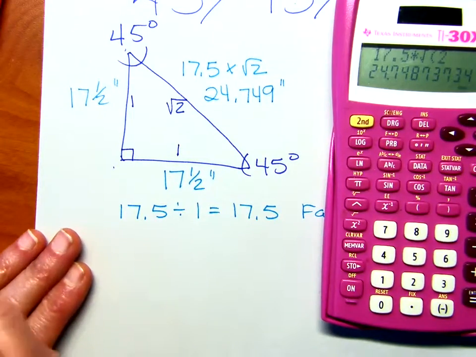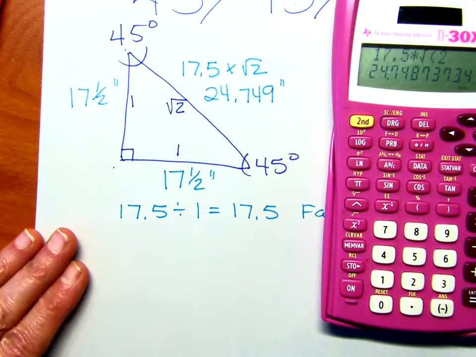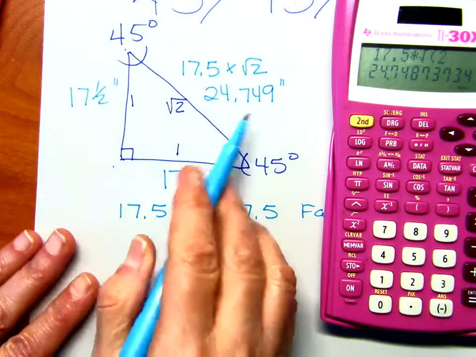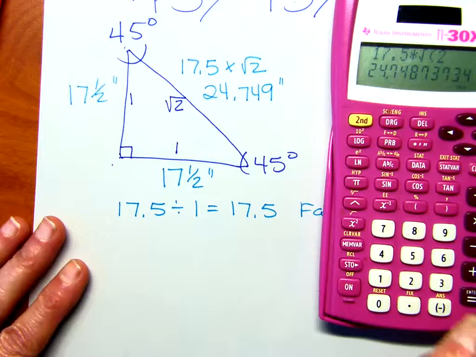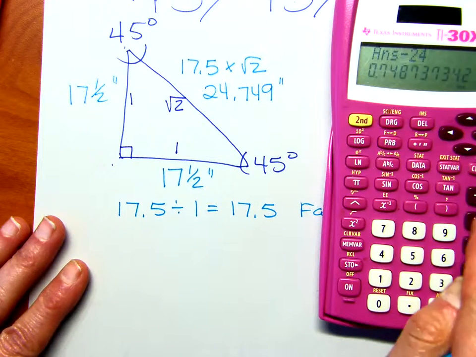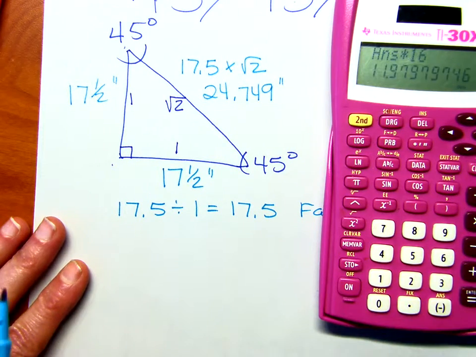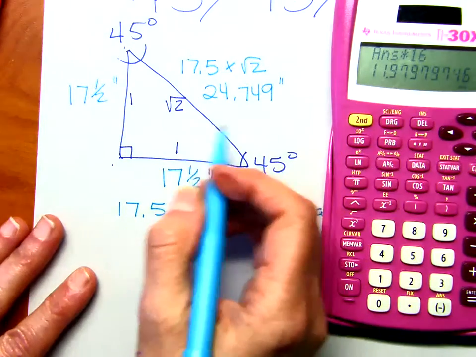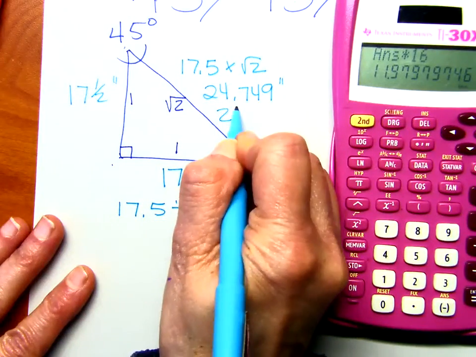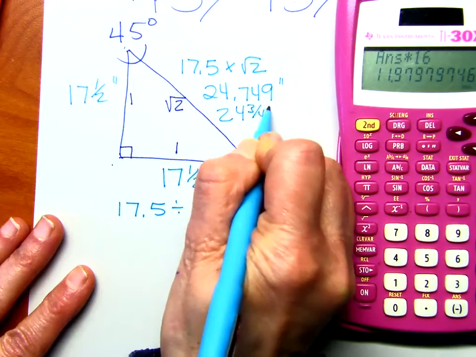Okay, now we're going to go ahead and convert that to the nearest 16th. I'm thinking it's going to be 3/4, but let's see what we get. We get 11.9 or 12/16, which is reduced to 3/4. So 24 and 3/4.